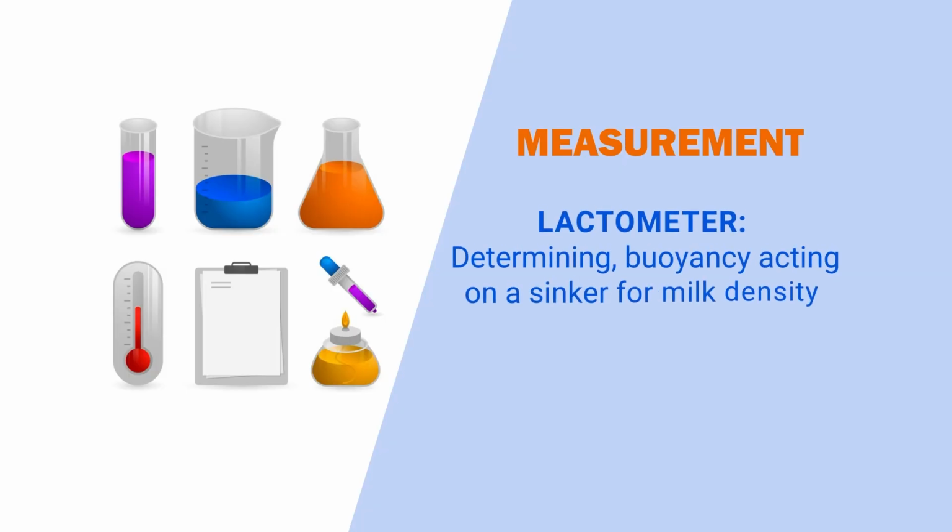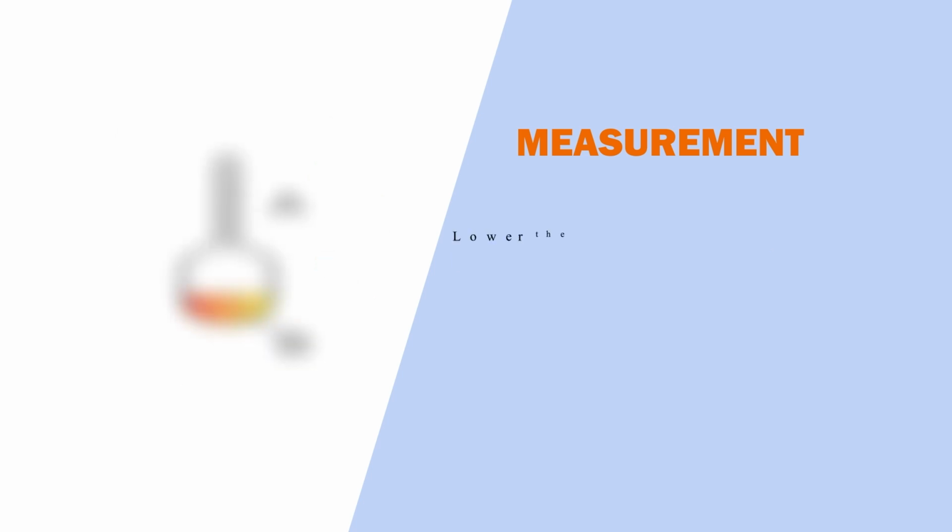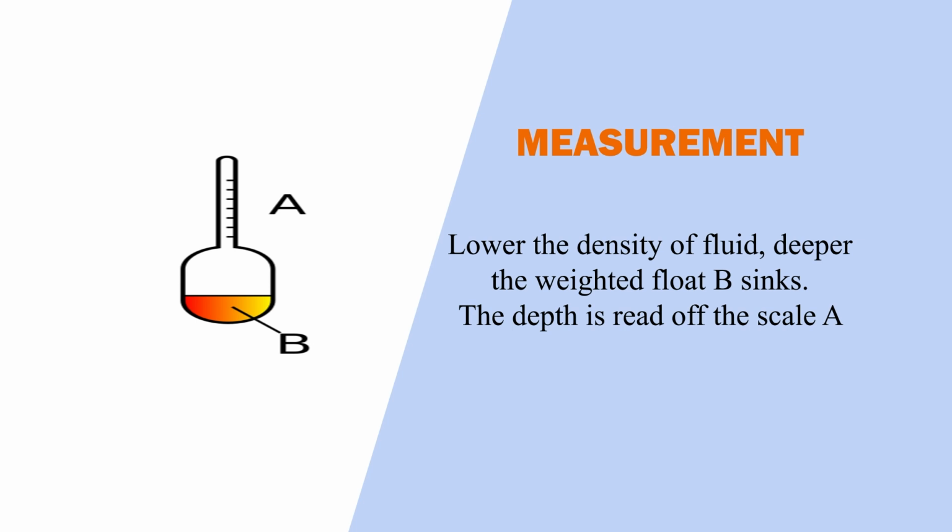It can be meant for alcohol, it can be meant for molasses, it can be designed for any kind of solvent. Lactometer is a type of hydrometer which is designed for checking the specific gravity or density of milk.